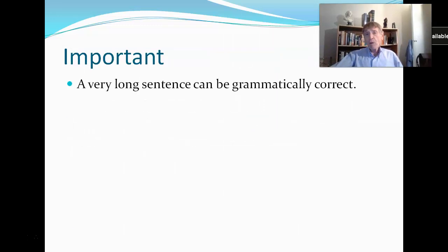Again, first of all, a very long sentence can be grammatically correct. There is really a trio of great writers, great American writers of the 20th century. There is Ernest Hemingway, William Faulkner, and F. Scott Fitzgerald.